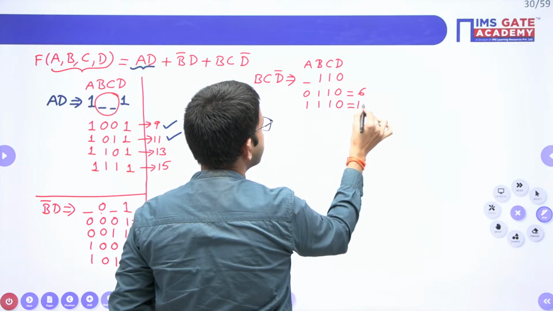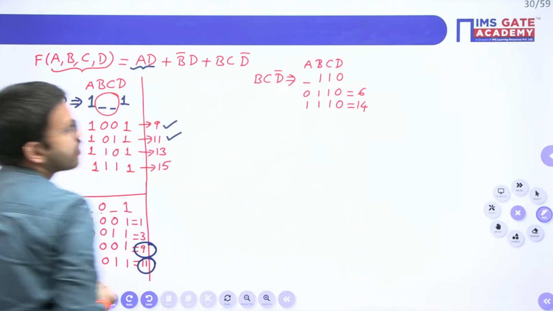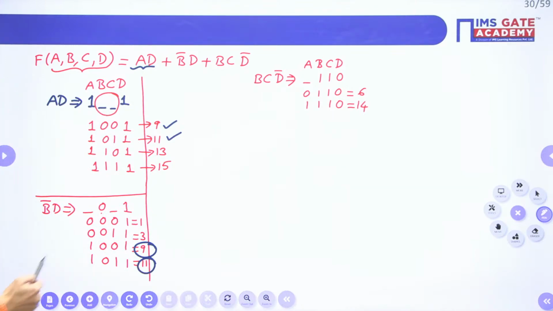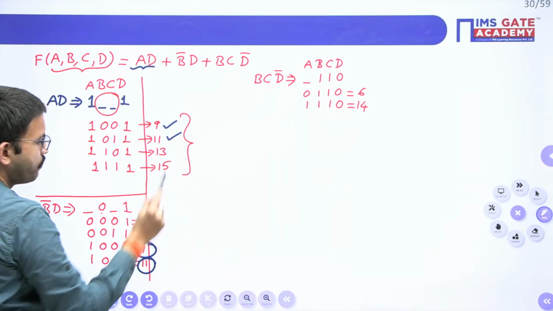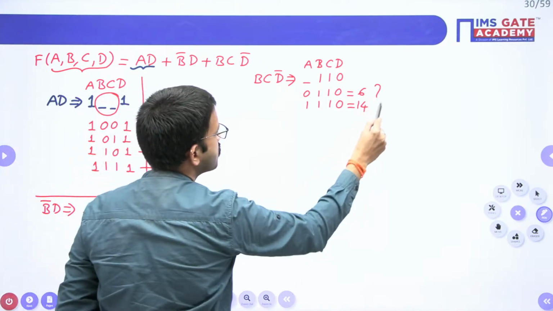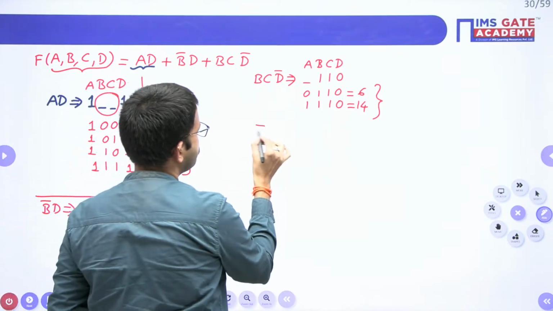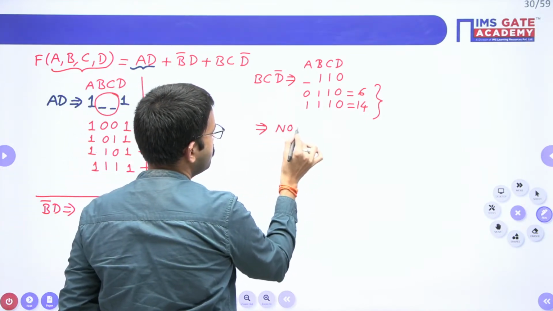This is 14. So here we got 4 minterms, here 2 minterms because these two already repeated, and here 2. So 4 plus 2 is 6, 6 plus 2 is 8. Total number of minterms is 8.